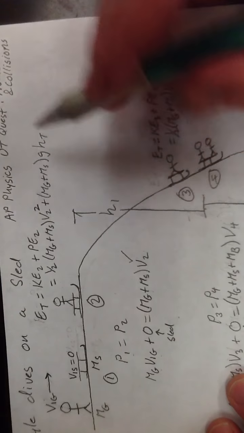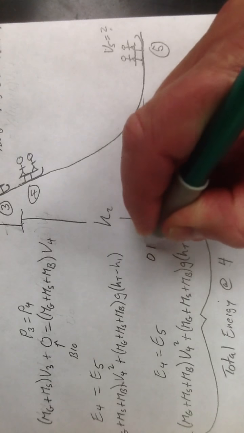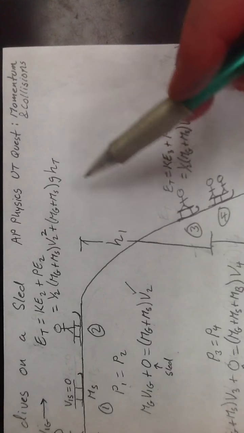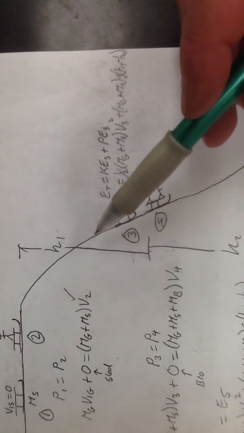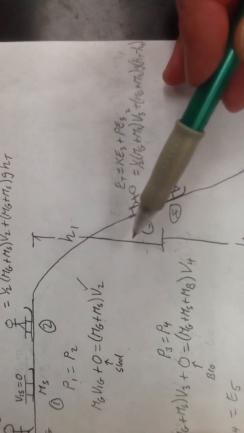Now, she's at the top of the hill. I'm using the very bottom of the hill as 0 potential energy. So in that reference frame, I have this H total, which is comprised of these two heights given in the problem. I think the problem gives the total height and then this first drop. But anyways, you can figure that out.